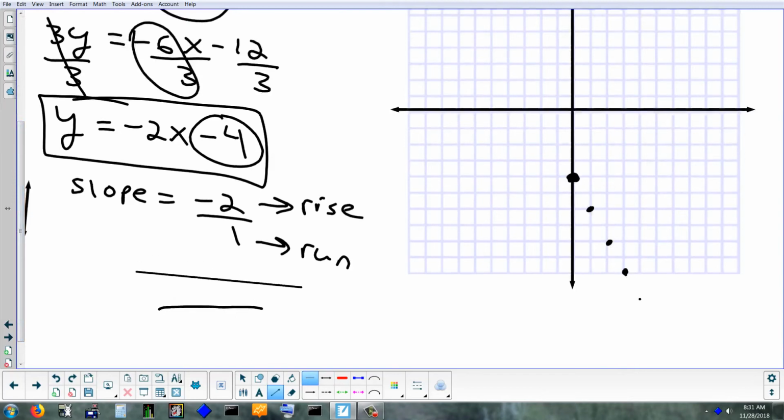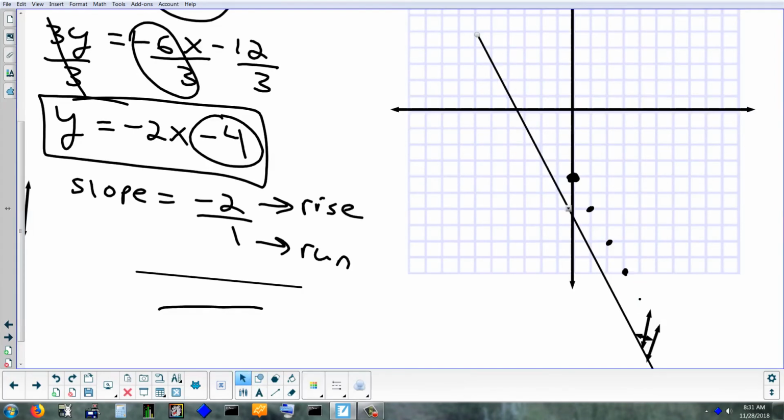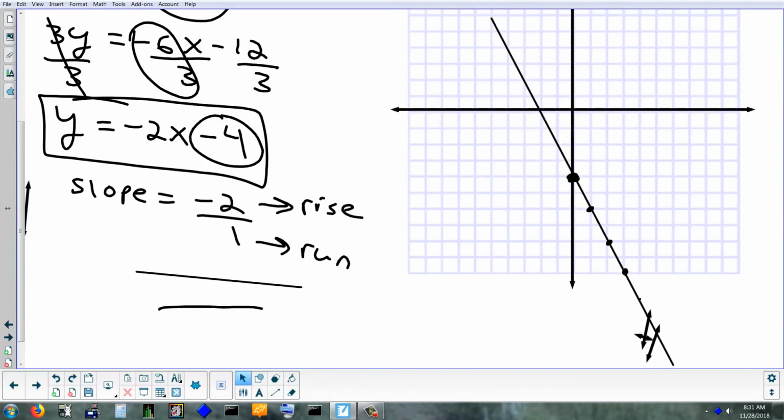Okay, there you go. I can use that. All right, so probably about like that. Let's see how that looks. My board is having technical difficulties. Okay, I think that's pretty good.